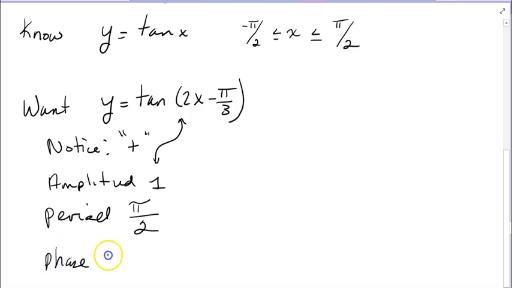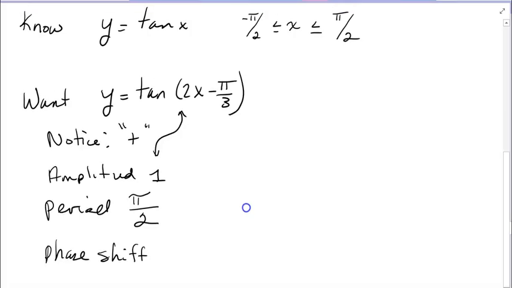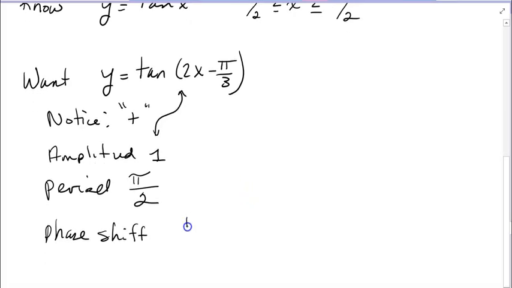You can find all of this the same exact way you did for your sine and cosine. And that is simply going to be pi over 3 divided by 2. Divided by 2 is times a half, so that's pi over 6. So it shifted pi over 6.